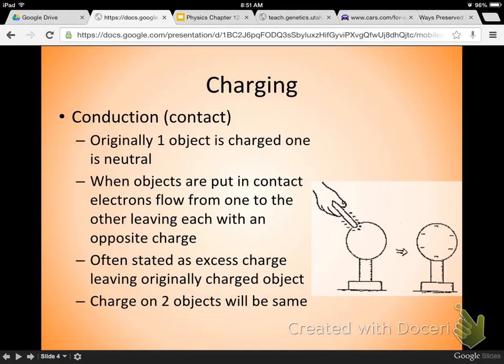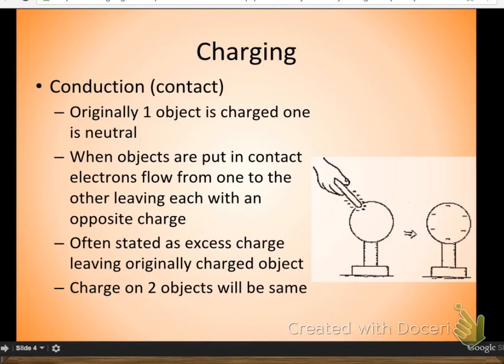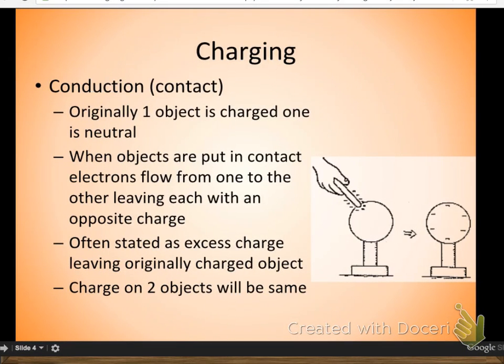The other way to charge things is, actually, this is the details on conduction. Contact charging, or conduction: we have a neutral object and a charged object, and electrons flow from one to the other. Usually we say that the excess charge leaves the original charged object, all of the electrons jumping off.